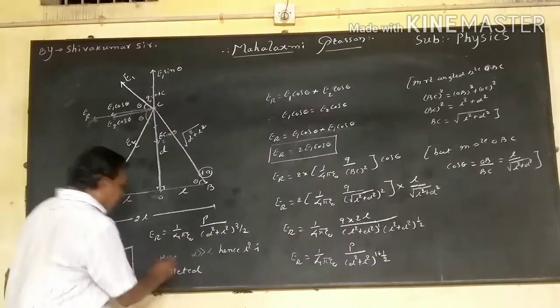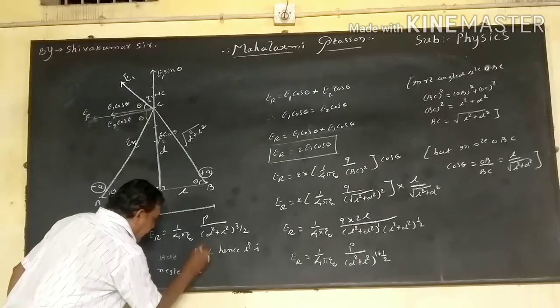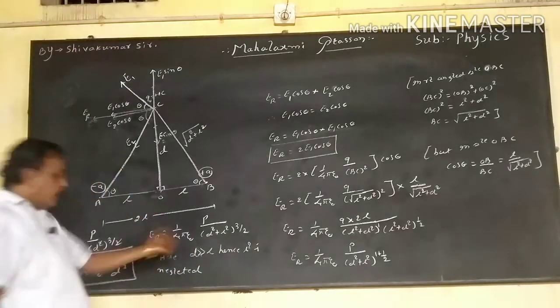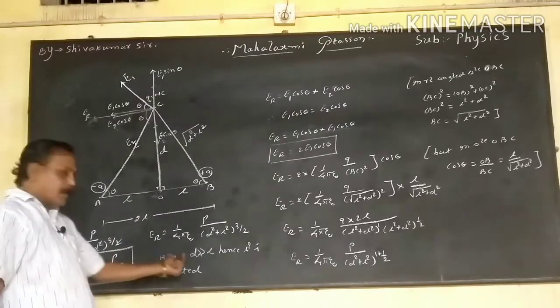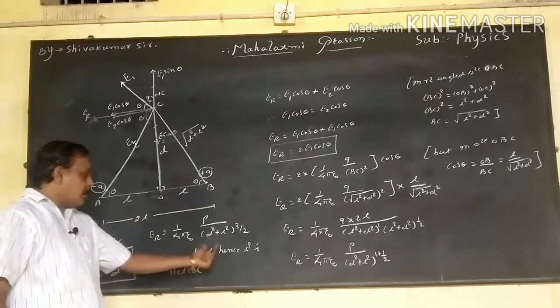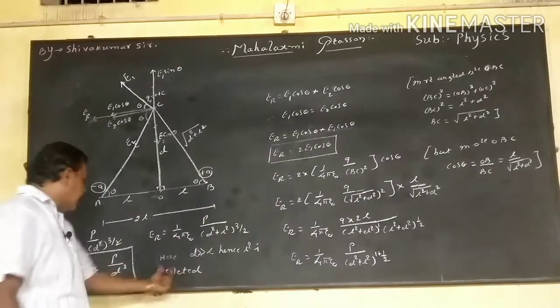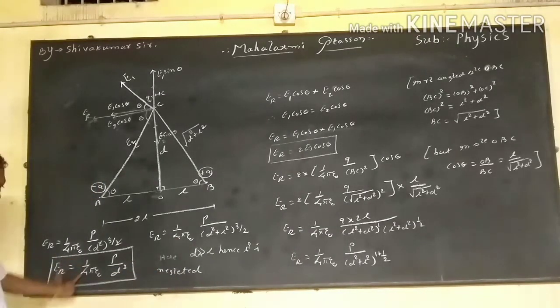Then I consider the condition, here D is far greater than L. If D is far greater than L, then L square is a smaller value. Square of the smaller value is again too small. Hence L square is neglected. Now this is our final equation. 1 divided by 4 pi epsilon naught P by D cube.